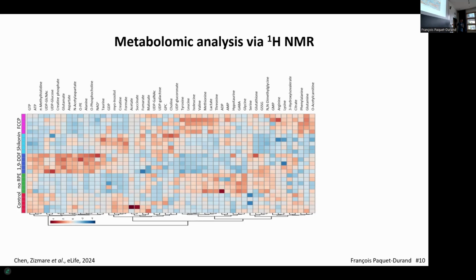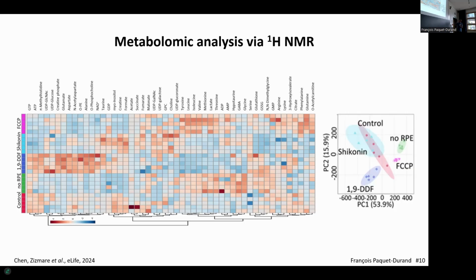There are obviously things happening, and we can also do principal component analysis to see how these experimental groups are behaving. Are they really different? The principal component analysis shown here suggests that yes, there is something happening. They're really different, but what is happening? That's still a question. There are other bioinformatics tools that you can apply to this, but basically that was all hopeless. Nothing worked. Nothing useful came out of this.